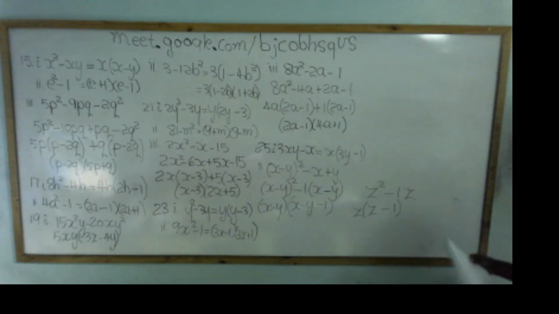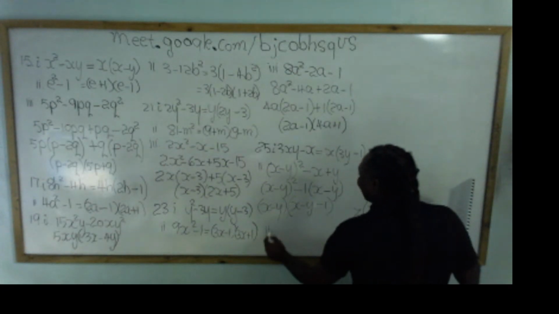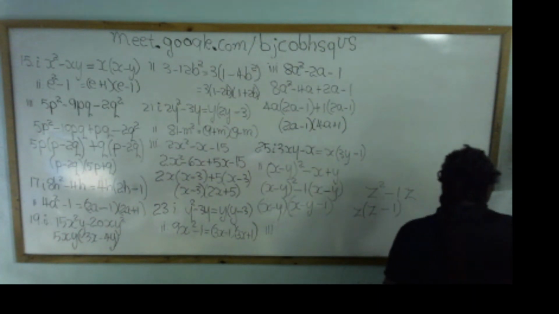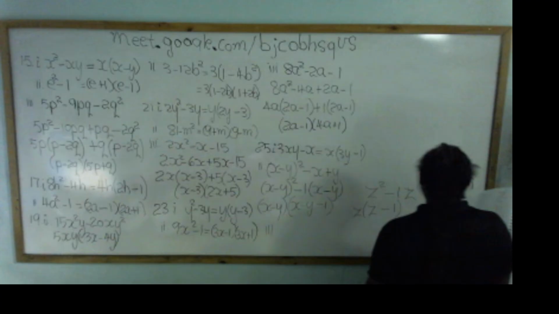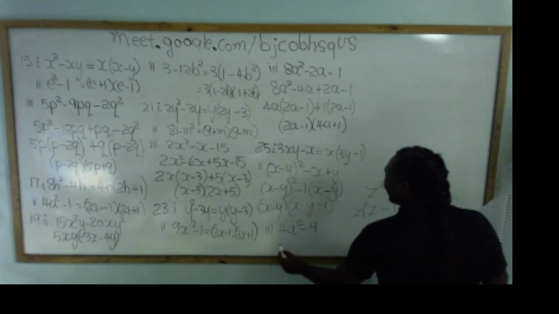Roman 2 for number 25, just open your eyes. And then Roman 3. I'm not surprised that they would give us this one for Roman 3: 4a squared minus 9. What is that equal to?